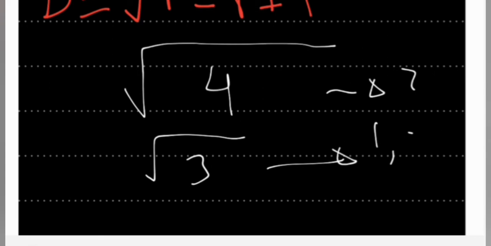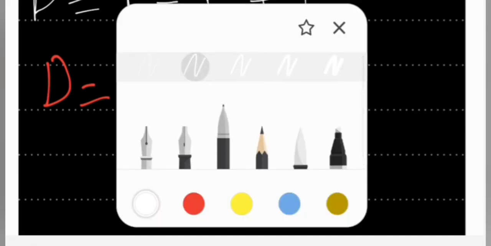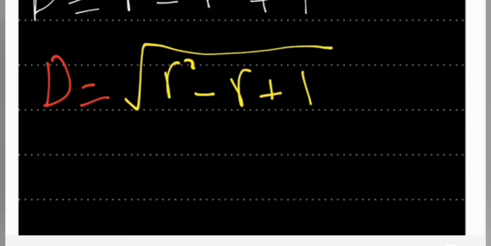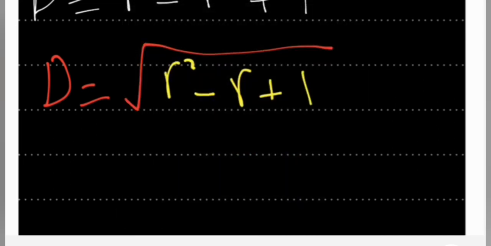So the smaller the thing we have inside, the smaller this part over here is, the smaller the yellow part is, the smaller D is, okay?